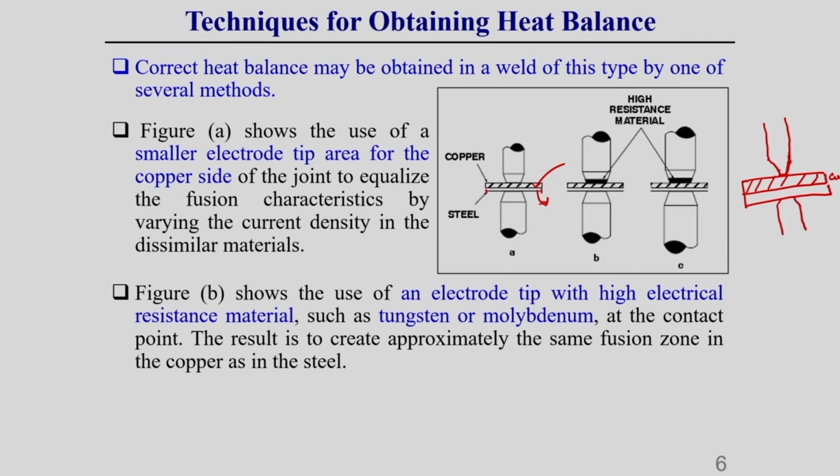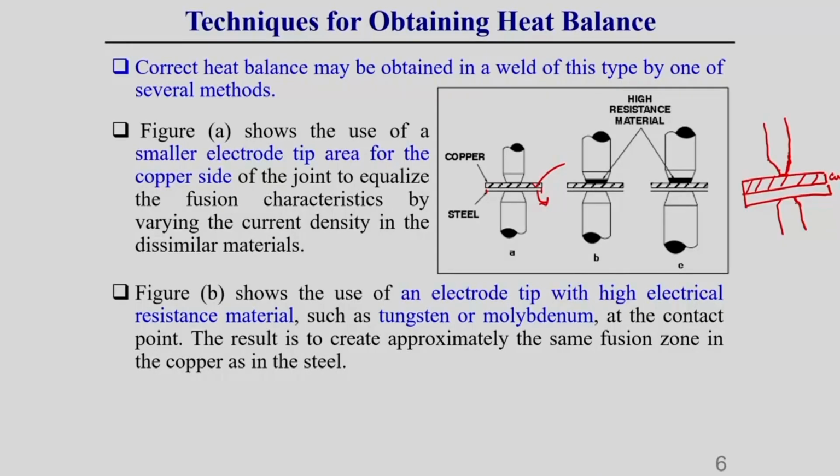As the steel has low thermal conductivity and high electrical resistance, on the steel side generally the diameter of the electrode should be larger, because you see here let the tip cross-section area be A1, and here let the tip area be A2. Now, in resistance spot welding, generally the current passing through both electrodes is the same, correct.